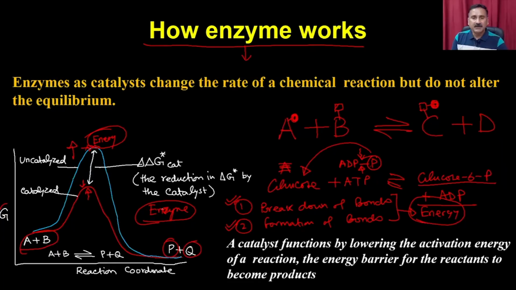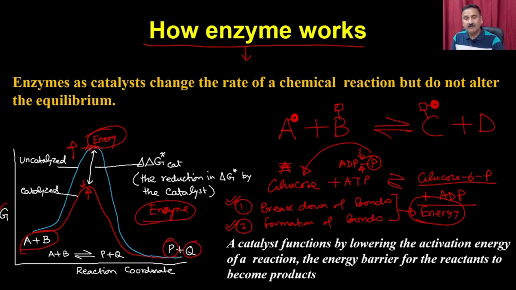The enzyme helps the substrate to break the bond as well as to form the bonds. The process for which you require high temperature and more energy is also taken care of. So this is the way the enzyme works.